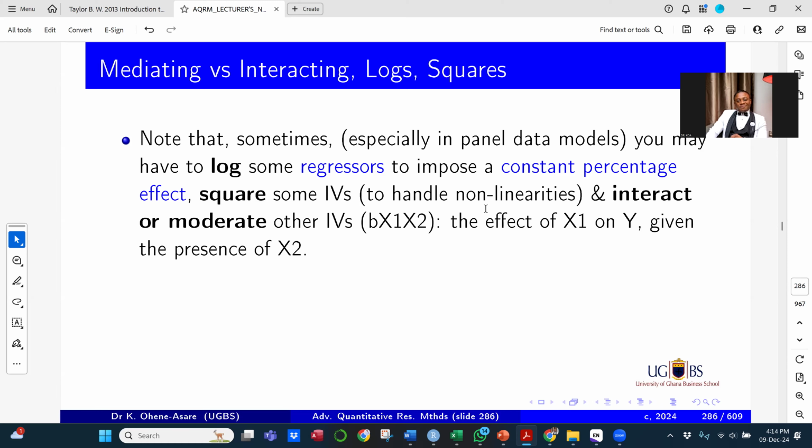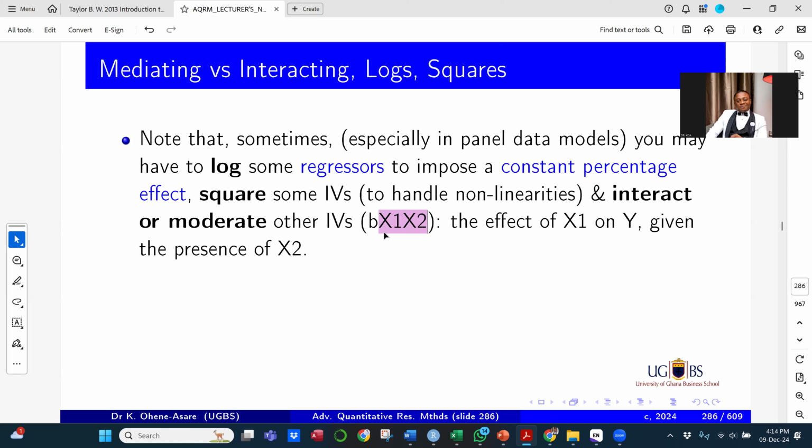Okay. So let's say that you have an independent variable x1 and you have another independent variable x2. You can interact them because sometimes they may have some multicollinearity features. And you can look at the effect of x1 on y separately, assuming that x2 is not there. You can look at the effect of x1 on y, given the presence of x2.